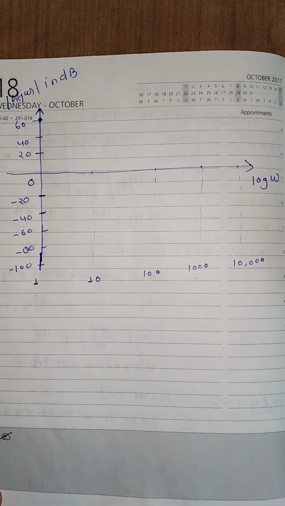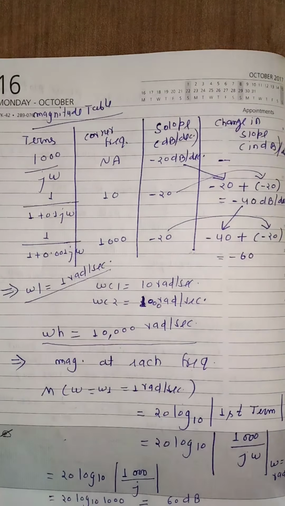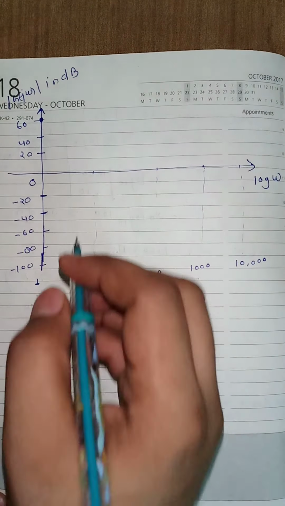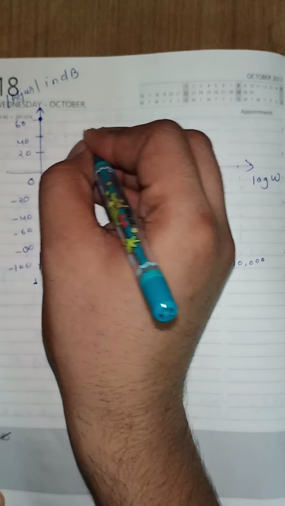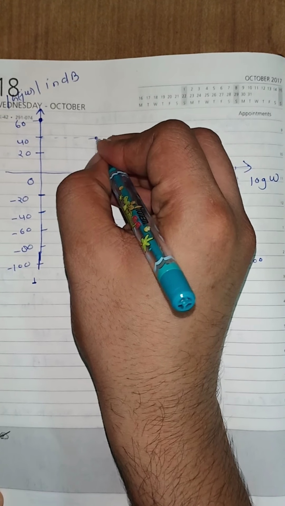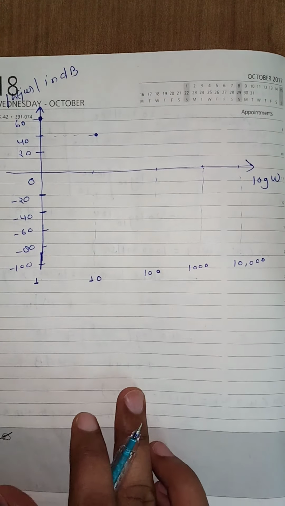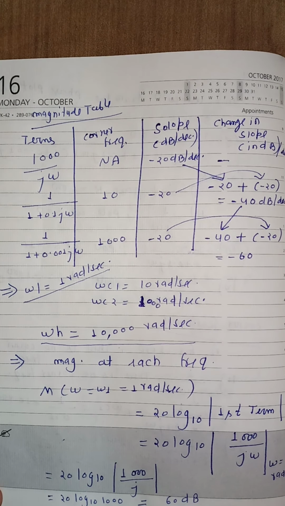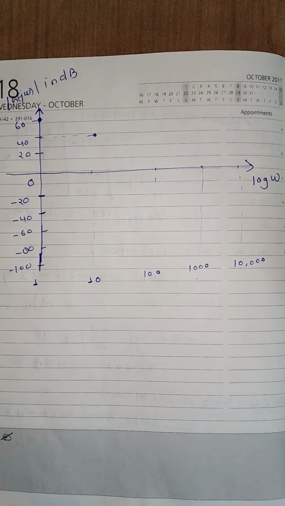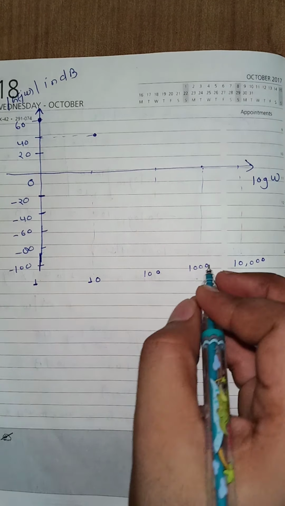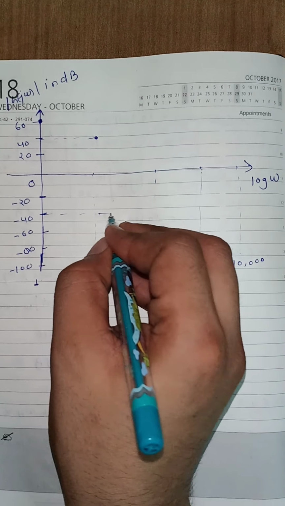Similarly, mark the value of magnitude at 10 radian per second, we have 40 dB. And for 1000 we have minus 40 dB.